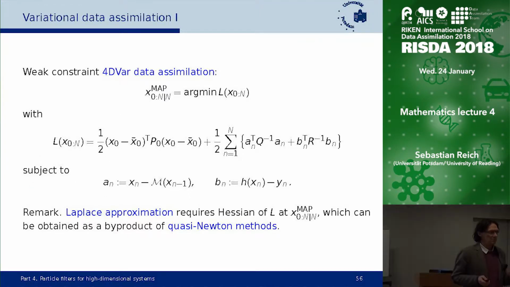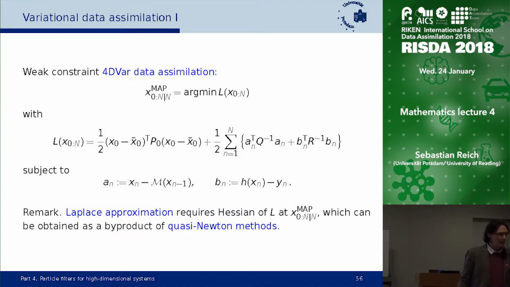Okay, so 4D-Var, which you had in the hands-on session: you write down this cost functional and you can minimize it. Now I write it here in a maybe unusual way. Remember that I assume there are model errors. So this is what the model on its own gives you, but I don't require anymore that it goes to 0, and there's a penalty term for this.